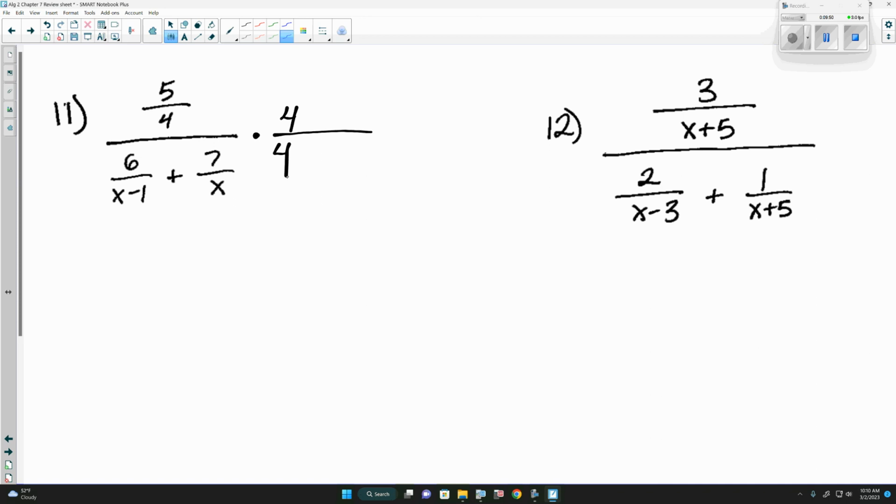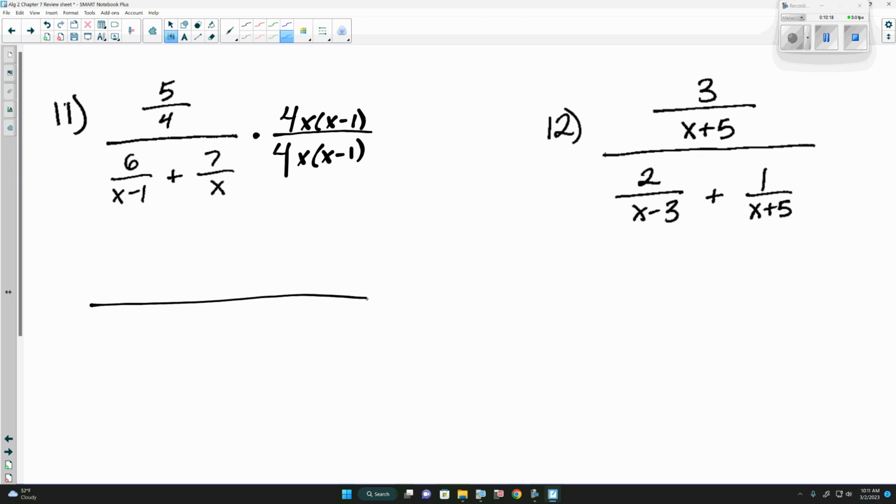If we look at the denominators, well, we have x minus 1 and x. So for this one here, we end up having to multiply by each of the denominators, mainly because each of the denominators' values don't repeat, because 4 only shows up once, so we need it once. x shows up once, so we need it once. And x minus 1 shows up once, so we'll need it once.